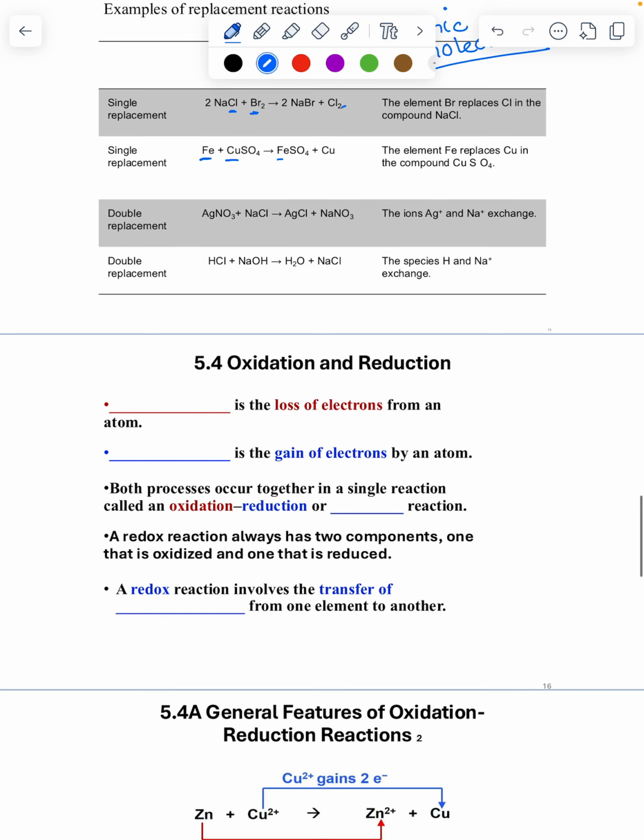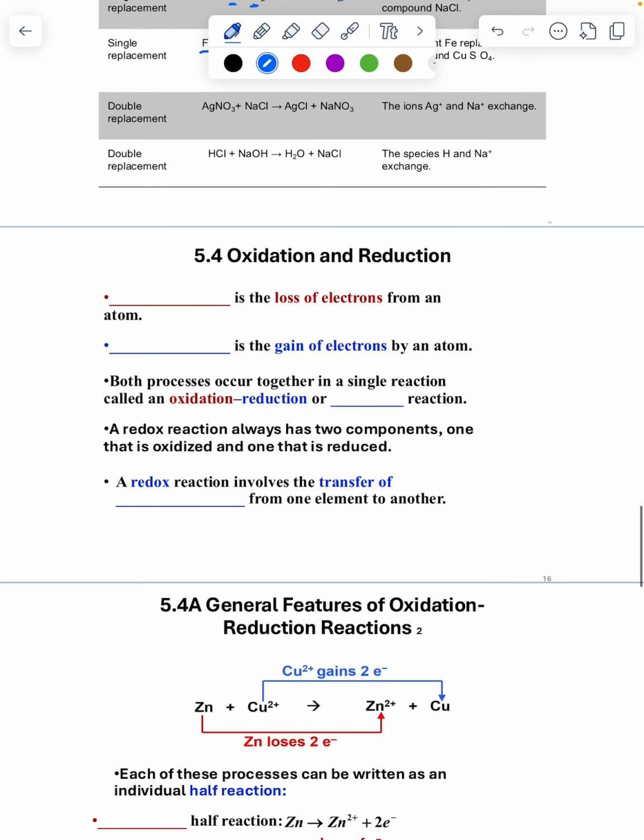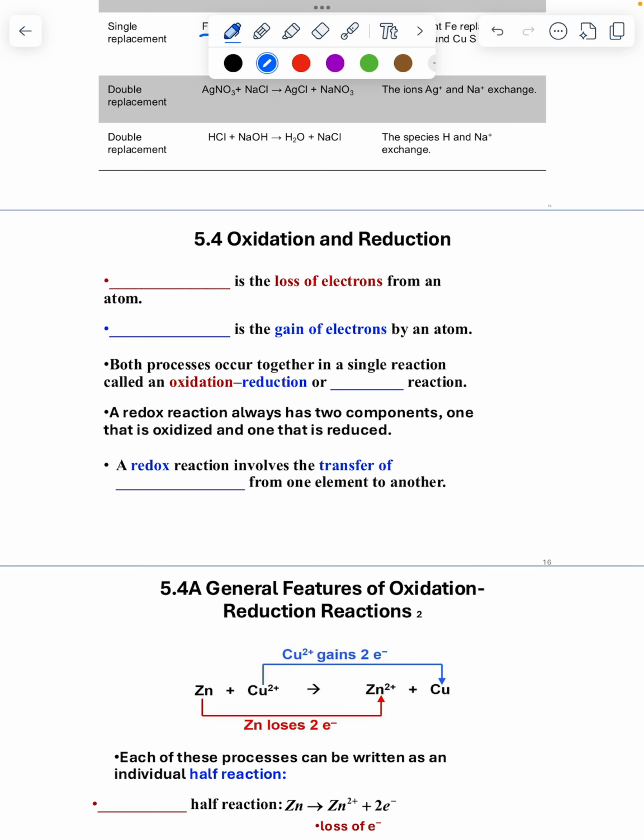All right, let's move on then to oxidation reduction reactions. The word oxidation is a label put on an atom that loses electrons.